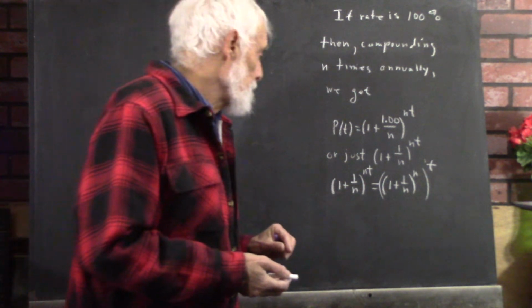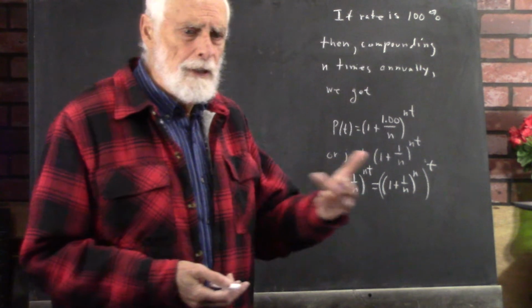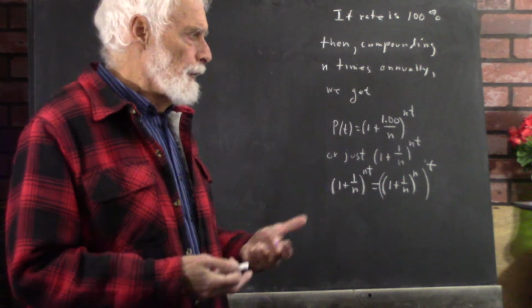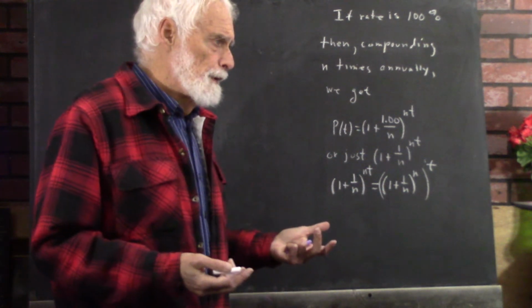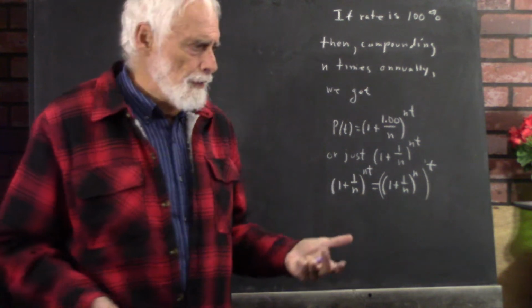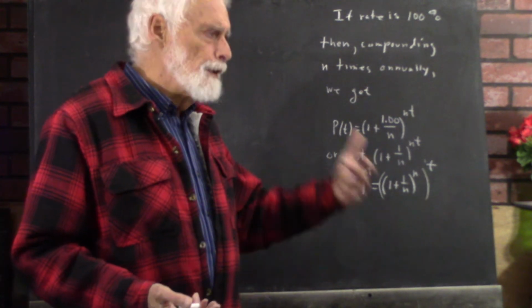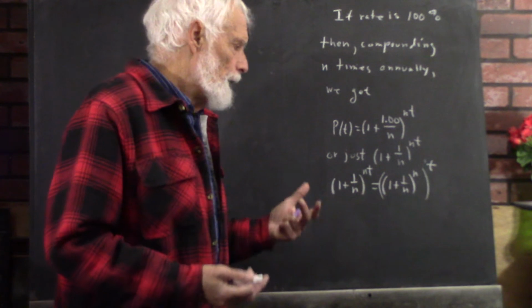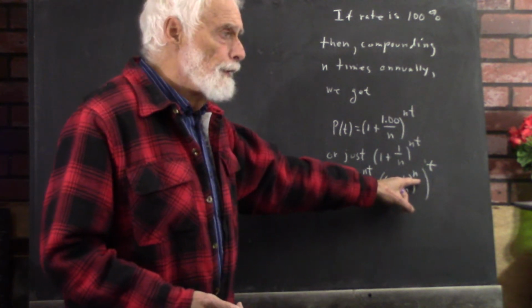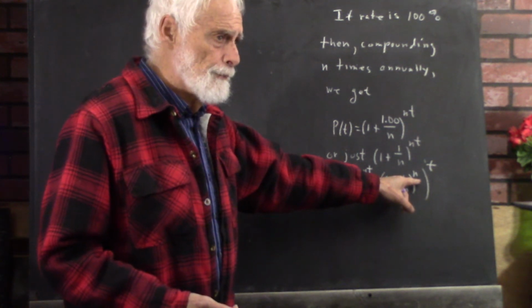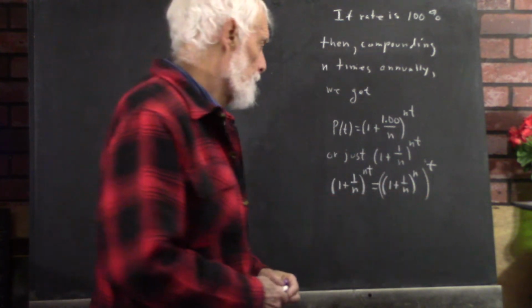Well, we could compound as many times as we want to. But a lot of times, you can invest money at continuous compounding. That means this number n, the number of times you compound in a year, approaches infinity.